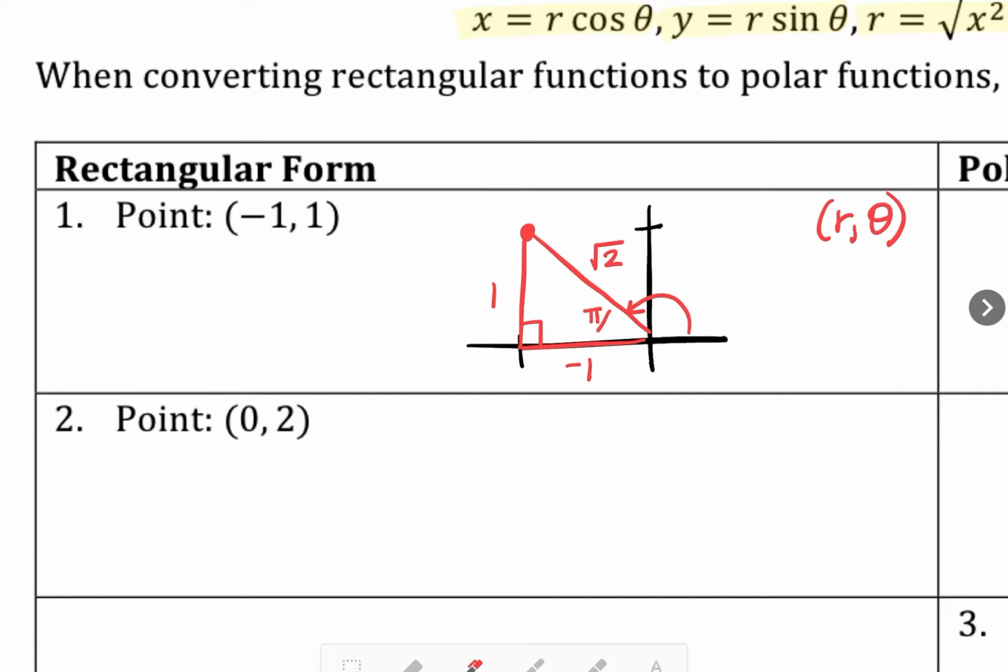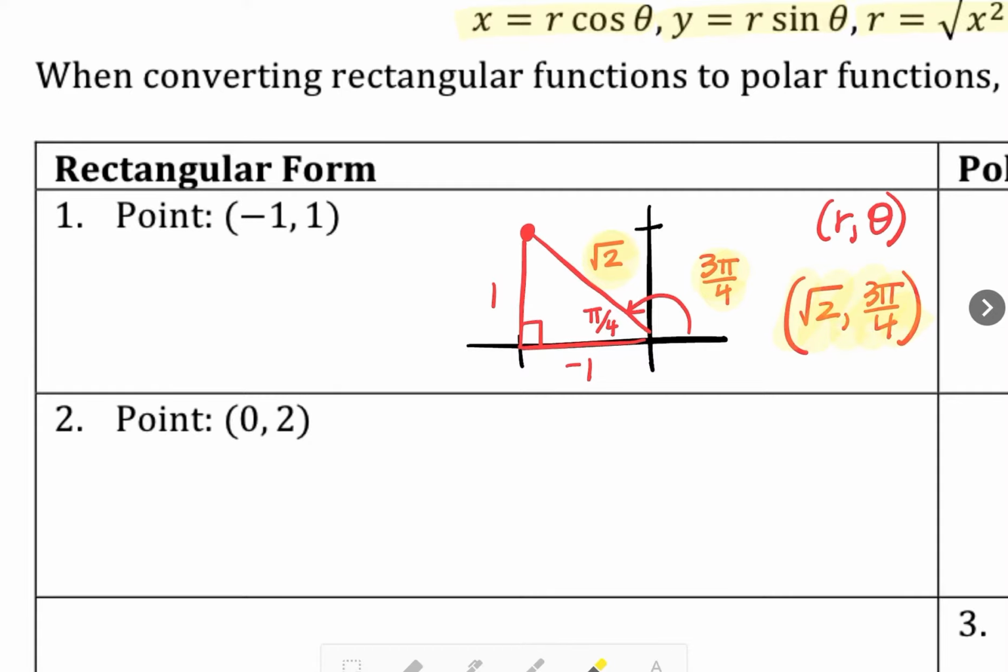It tells me this is our pi/4 or 45-degree angle. Well, that's awesome because that tells me that our angle from standard position is 3 pi/4. So there we go. I have my radius. I have my theta. I can rewrite this as (radical 2, 3 pi/4). That right there is my polar form.